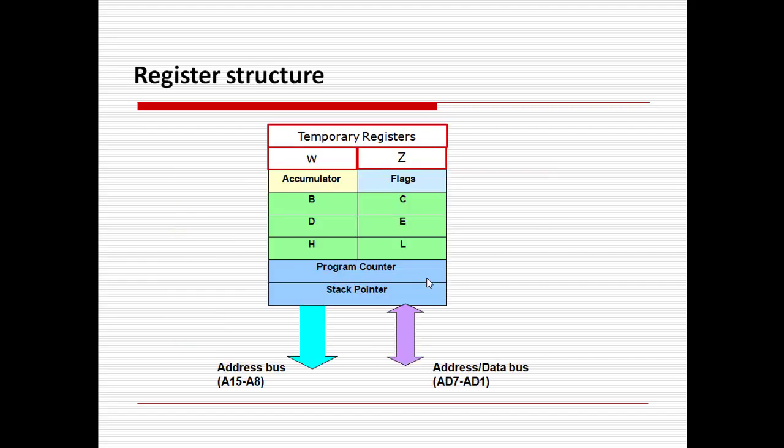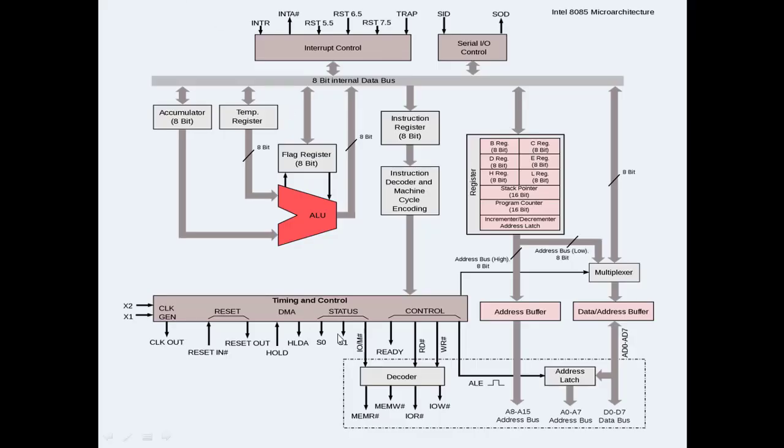So till now we have seen the register banks. The register bank consists of 8-bit registers, 16-bit registers, and special purpose registers: flag and accumulator. We have already seen the ALU. Then we are going to see the instruction register and instruction decoder. The instruction is available as an opcode. This opcode or instruction is accessed from memory and stored in the instruction register.